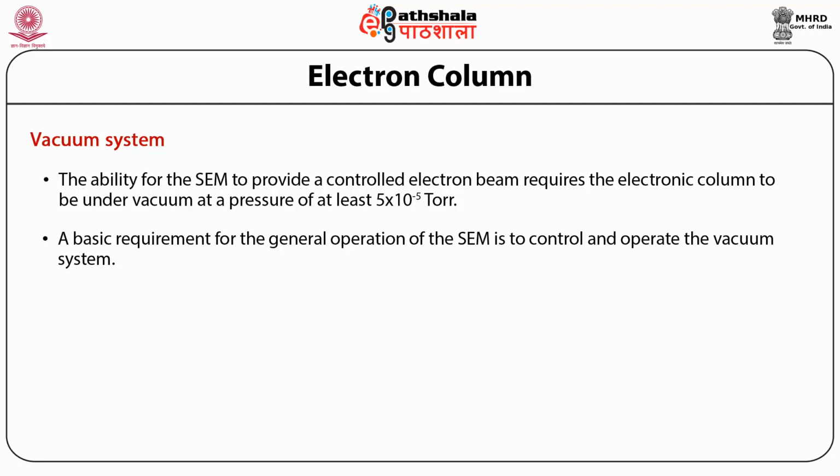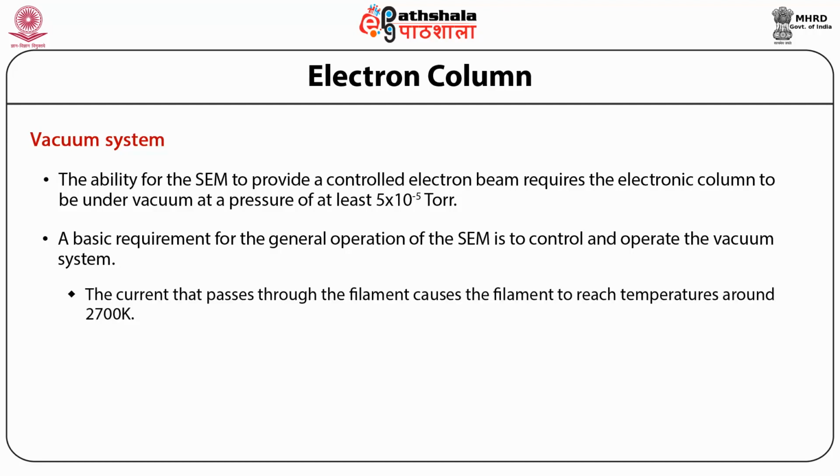The first one: the current that passes through the filament causes the filament to reach temperatures around 2700 degrees K. A hot tungsten filament will oxidize and burn out in the presence of air at atmospheric pressure if the chamber is not evacuated by removing oxygen and water content.